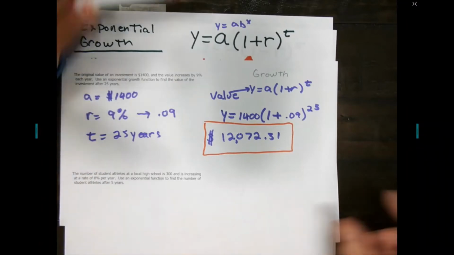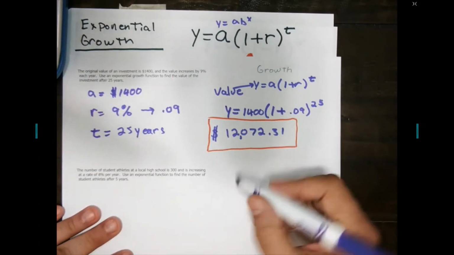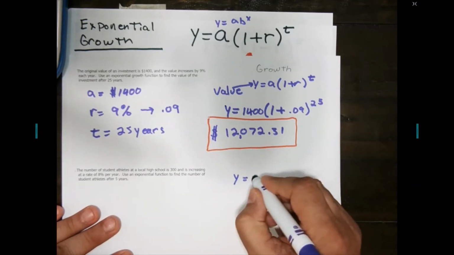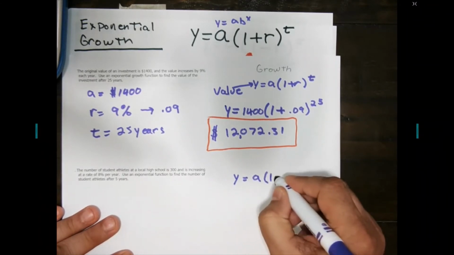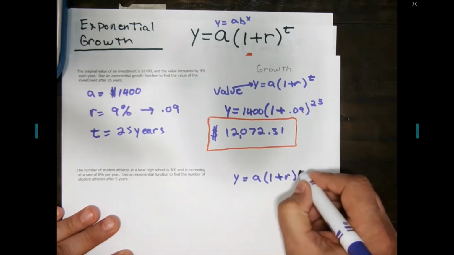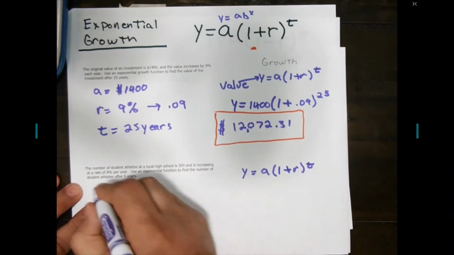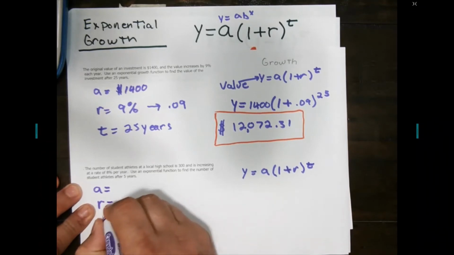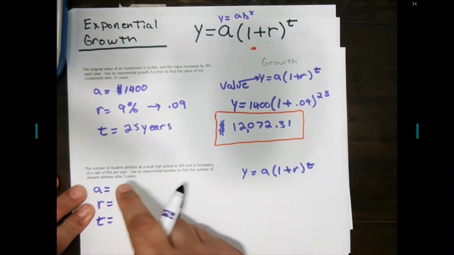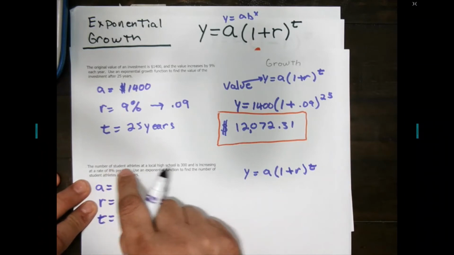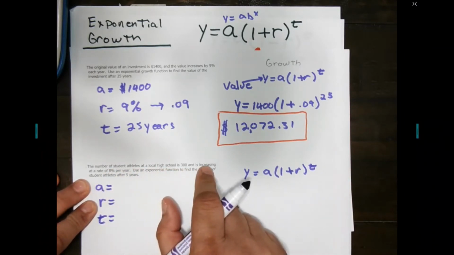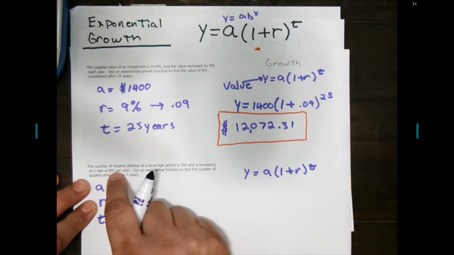Let's try another example. Okay. Here's my equation again. Write the equation down every time until you get really used to doing this. Okay. So I need to know what my A is, my initial amount. I need to know what my rate is, and I need to know what my time is. So I'll read this question. The number of student athletes at a local high school is 300 and is increasing at a rate of 8%.